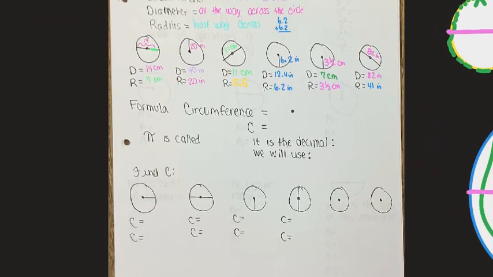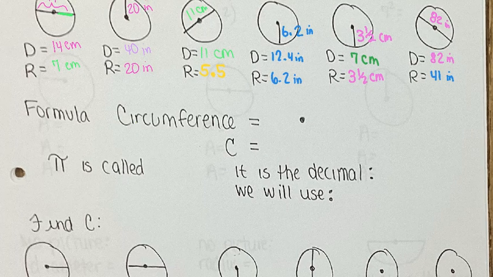So my formula says, if I want to figure out the circumference, the green string, I could take the diameter and multiply it by pi. So circumference equals d times pi.